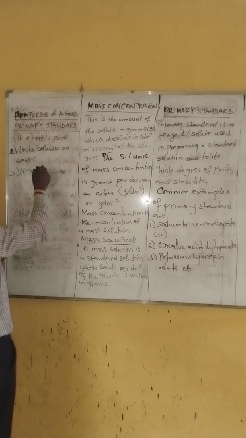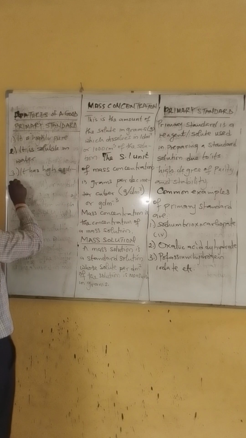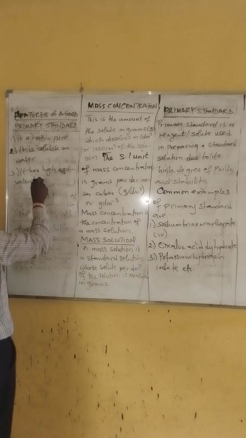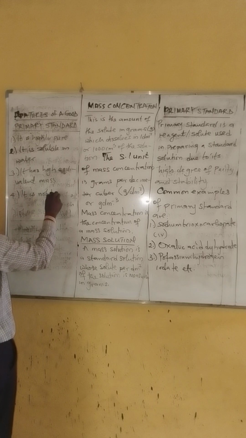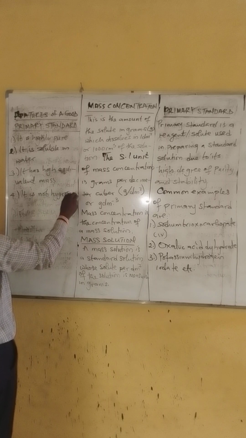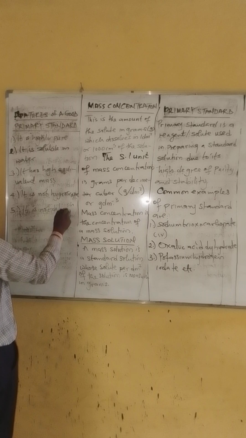Number three, it has a high equivalent mass. Number four, it is not hygroscopic. Number five, it is not deliquescent.